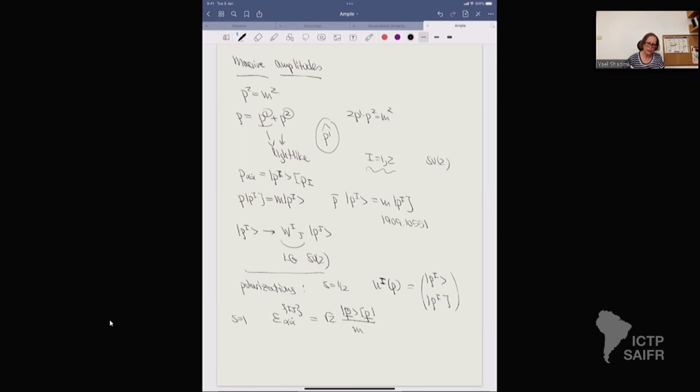What this underline notation means is that these guys, of course, carry indices I and J. One of them has an I and the other one has a J, and the underline means that we're symmetrizing over those indices.